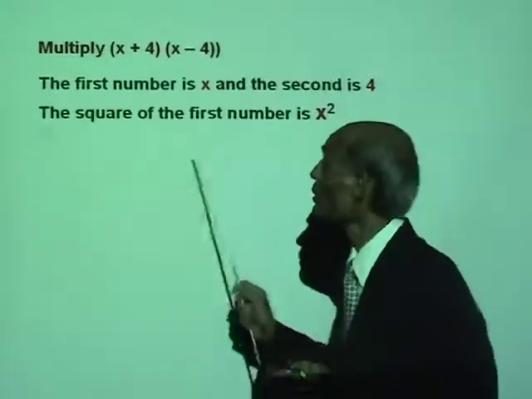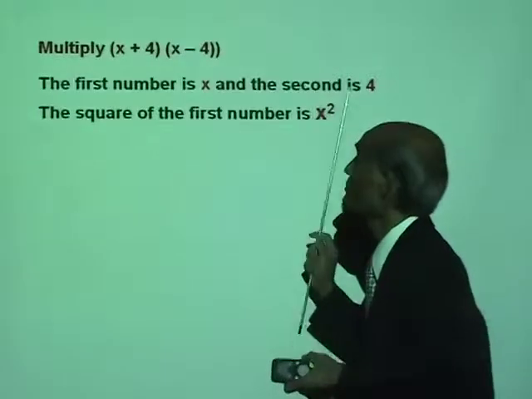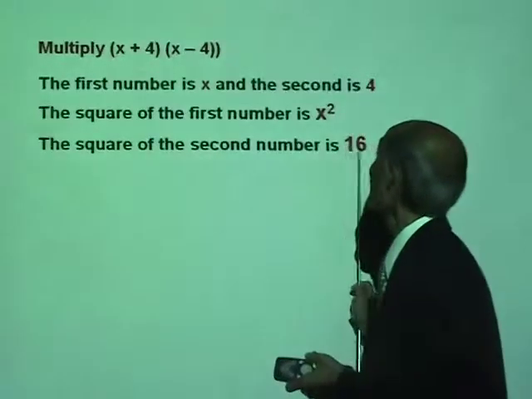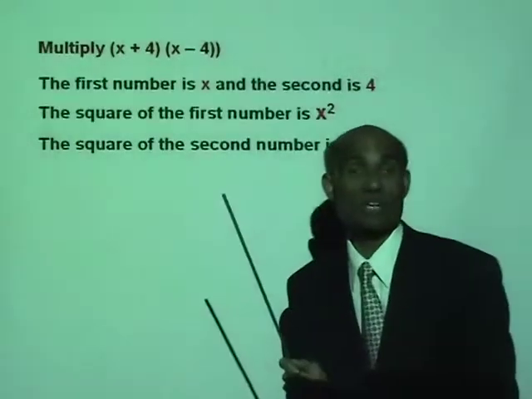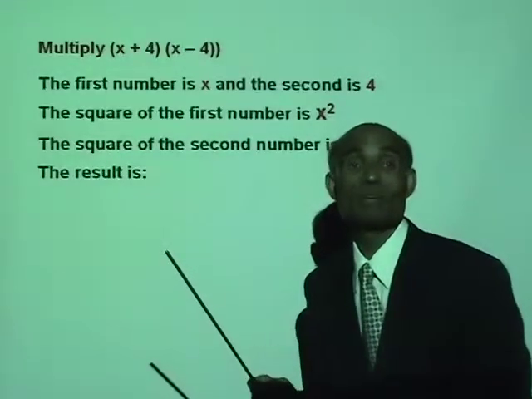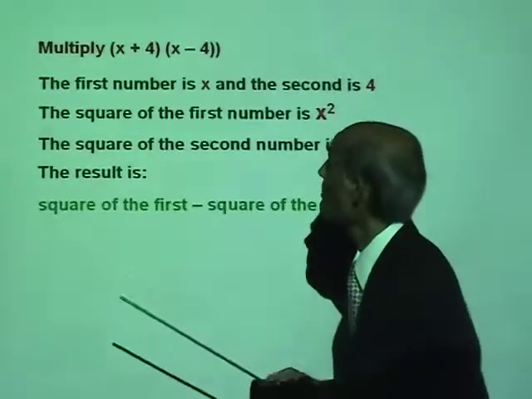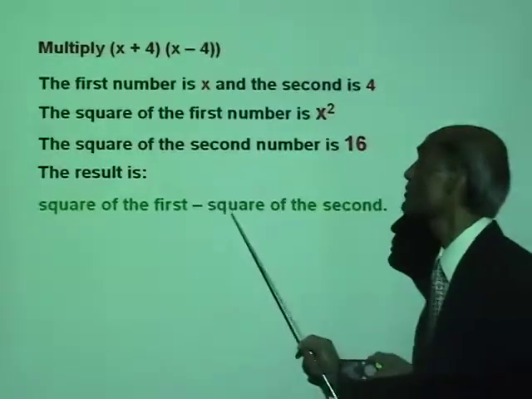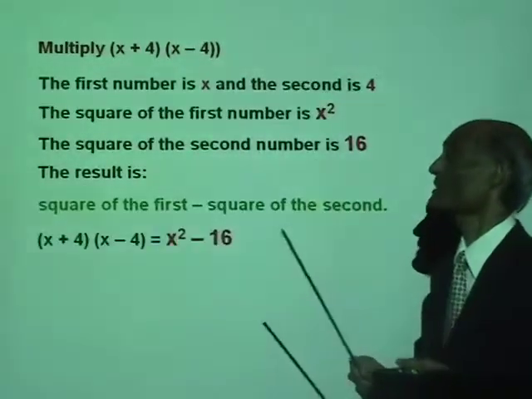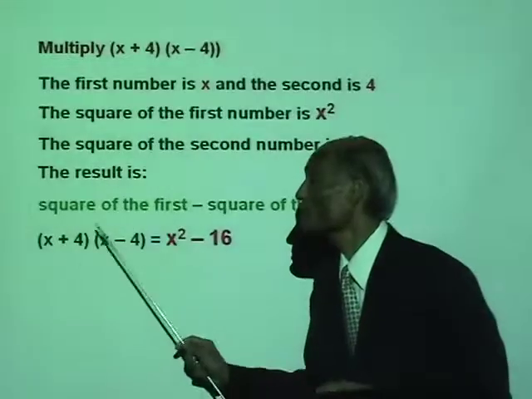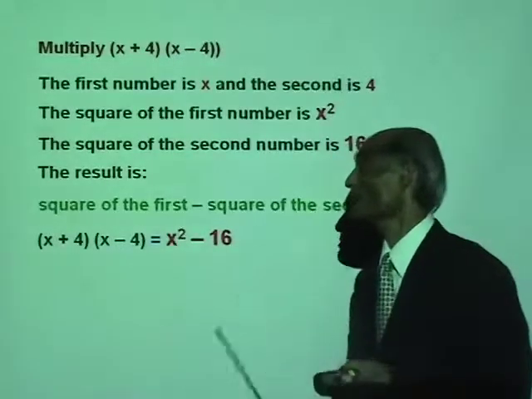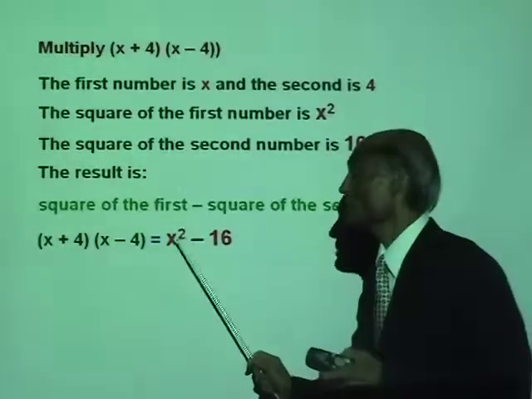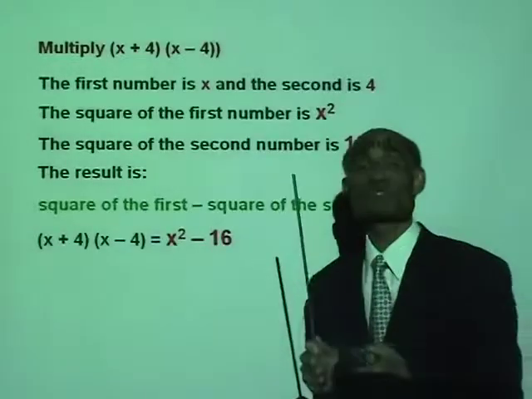The square of the first number is x squared. The square of the second number is 16. So the result will be x squared minus 16. Square of the first minus the square of the second. So x plus 4 times x minus 4 is x squared minus 16.